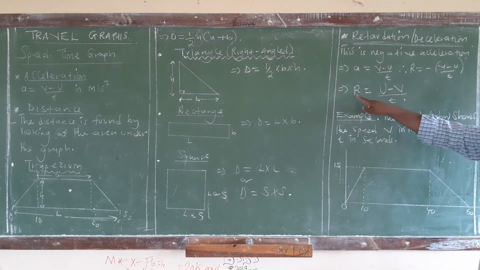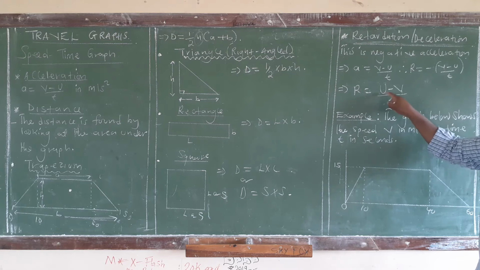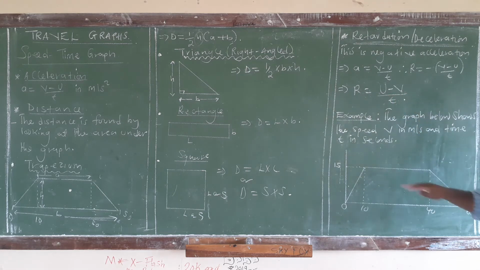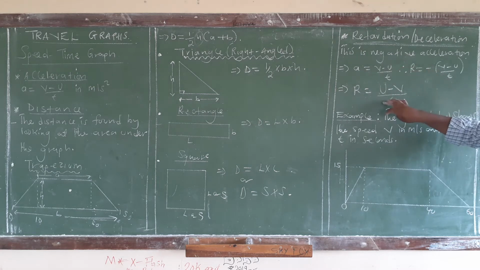So, in short, retardation is equal to u minus v. But you must be careful when dealing with u and v in this case. I think we'll be able to demonstrate today. So, for retardation, it's the negative acceleration, which is u minus v over time.